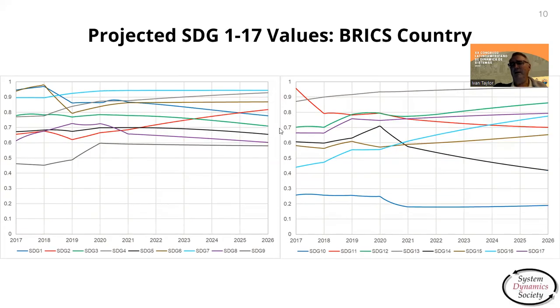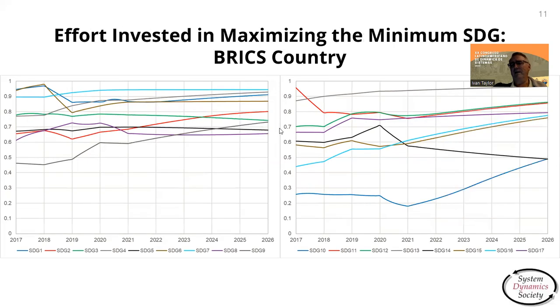So if you look back, you can see a number of SDGs improving when we improved SDG 10. So we felt that this was very interesting and useful, and showed that these SDGs were highly interconnected, and that they can work together in a synergistic fashion.